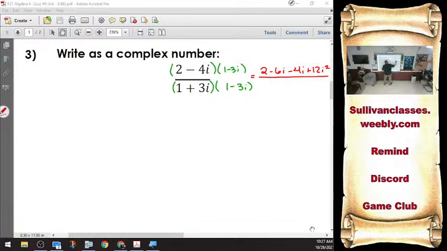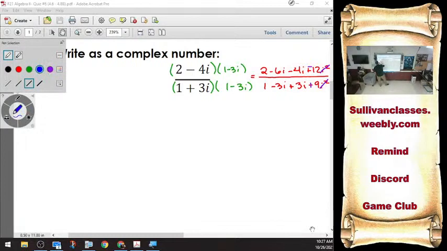Distribute the denominator correctly to get the third one. 1 times the stuff is 1 minus 3i. 3i times the stuff is positive 3i minus 9i squared. We know that i squared is negative 1. So turn that to a negative, turn that to a positive.